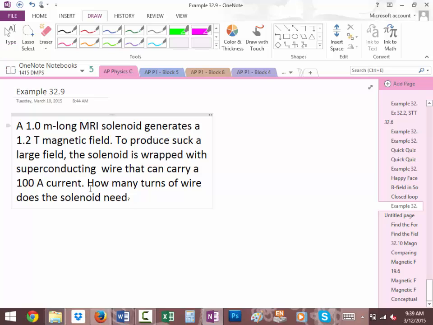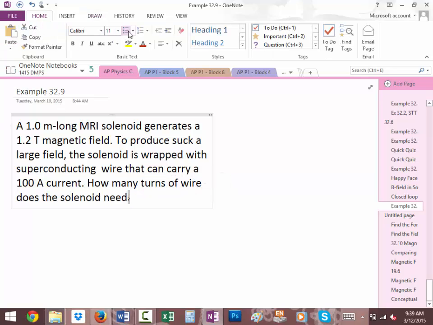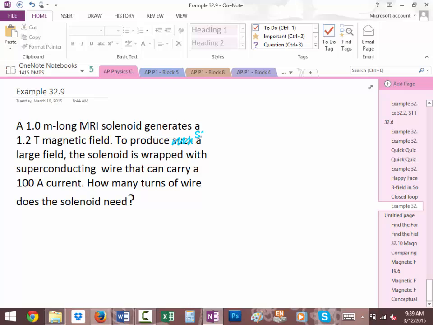All right. I'll make the question really big now. You have a 1 meter long MRI solenoid, and that's literally what it's doing, with a 1.2 Tesla magnetic field. That's such a large field.